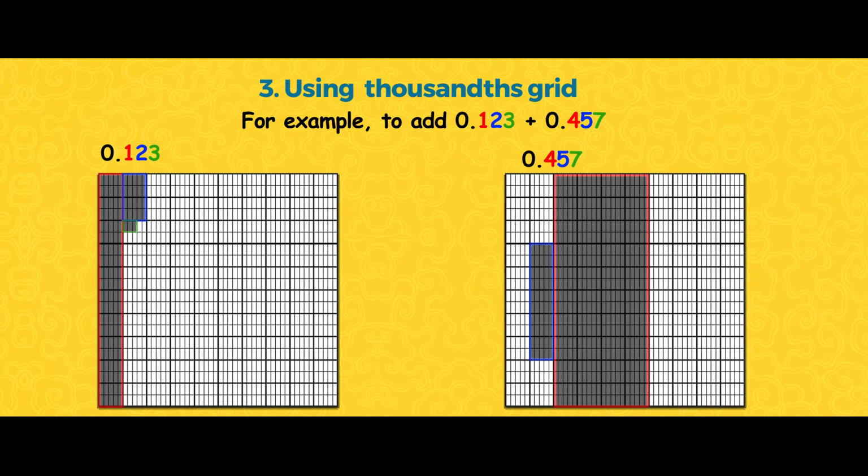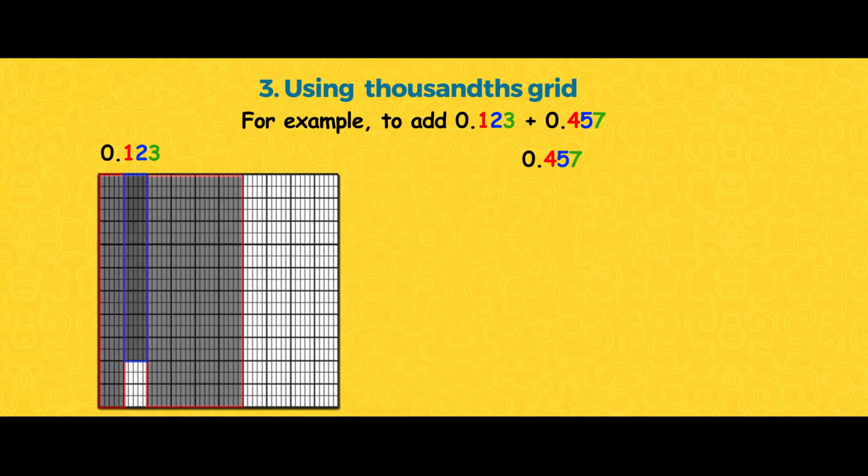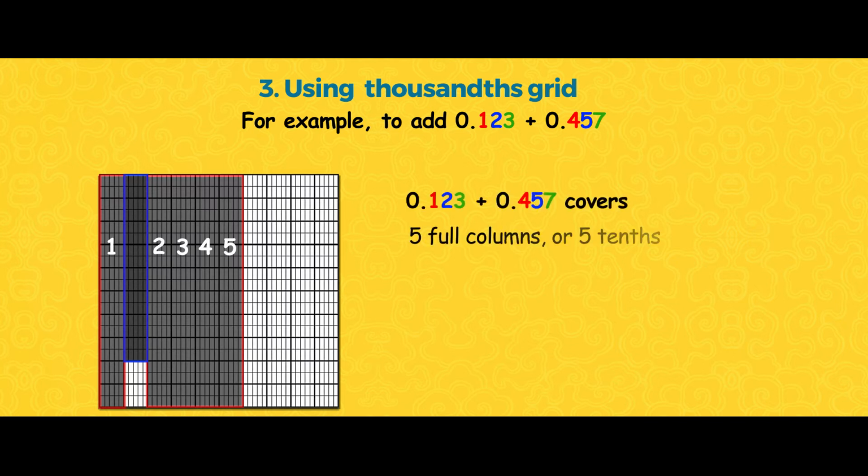And then 7 thousandths, so you need to shade 7 small rectangles. Now let's put these 2 together. So there are, can you count? 1, 2, 3, 4, 5. You have 5 full columns, which represents 5 tenths.